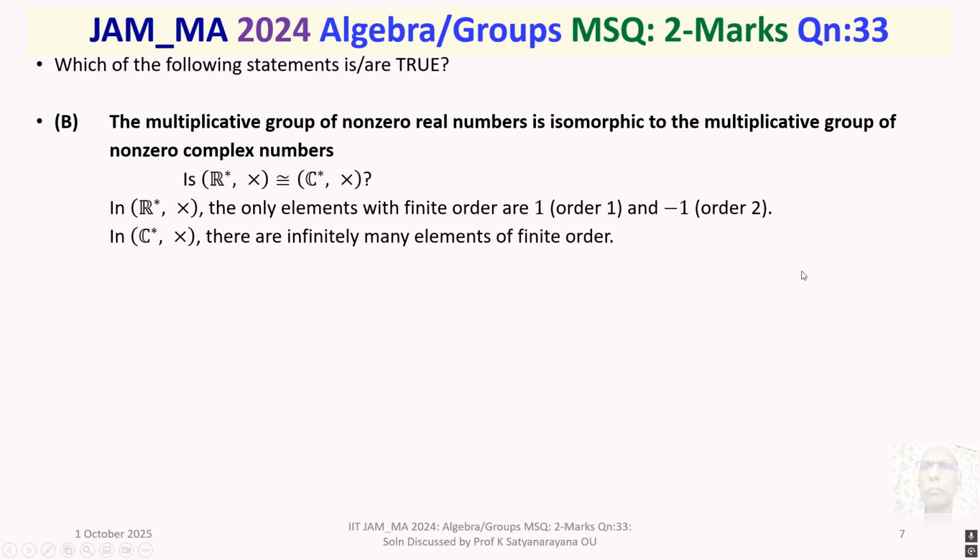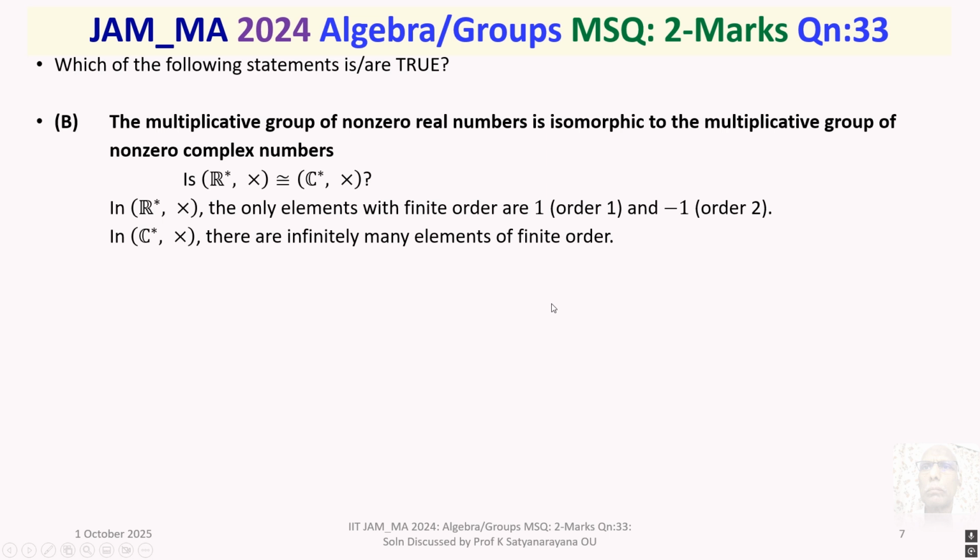For example, omega is of order 3 and i is of order 4. Omega is a cube root of unity, i is a fourth root of unity. In general, we can talk about the nth roots of unity for any positive integer n.